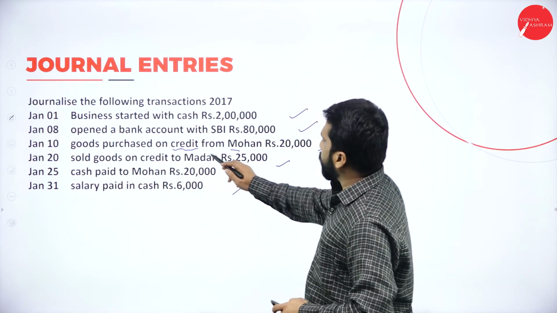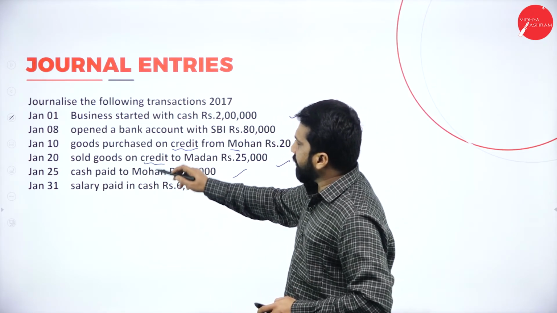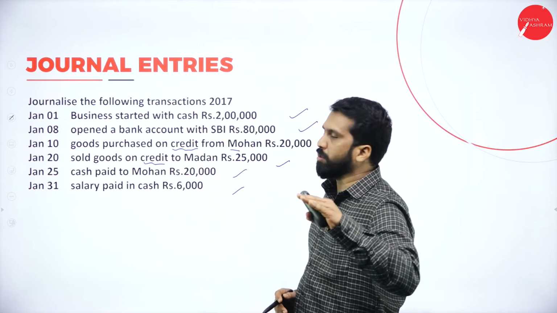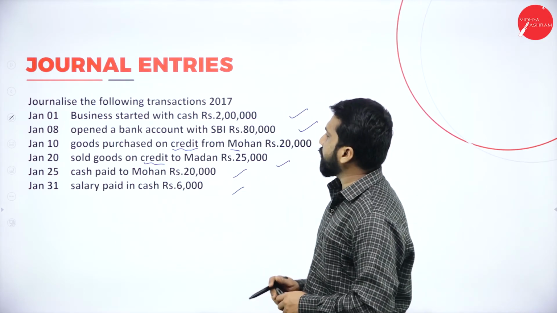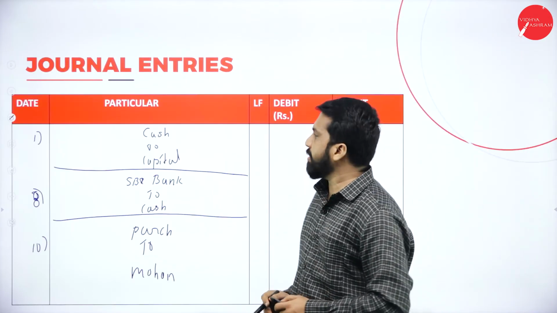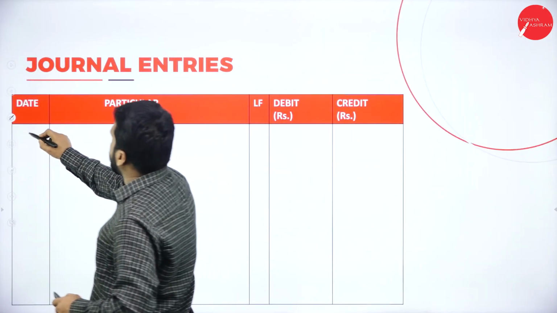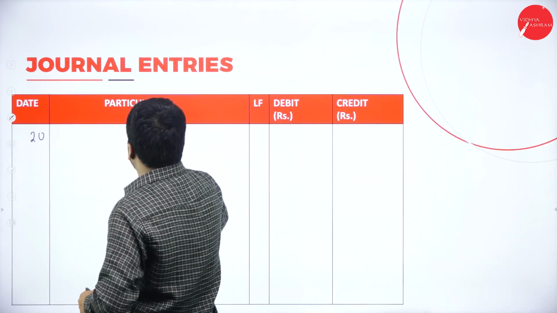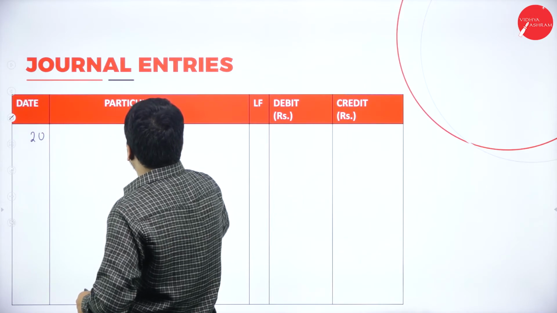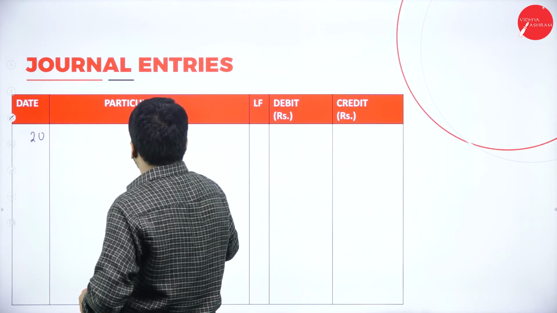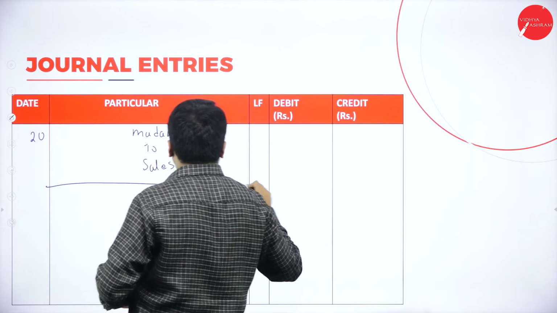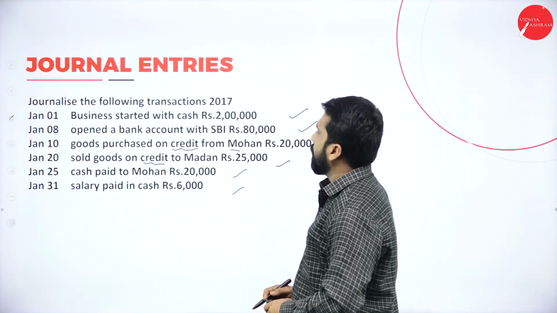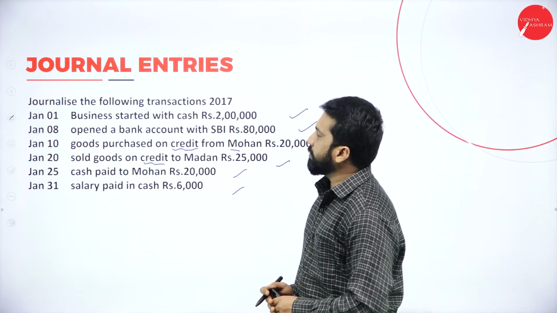20th, sold goods to Madan. Again, there is the word credit. There is no cash. So sales is always credit. So Madan account debit to sales, January 20th. It is also over. Next will be 25th January.